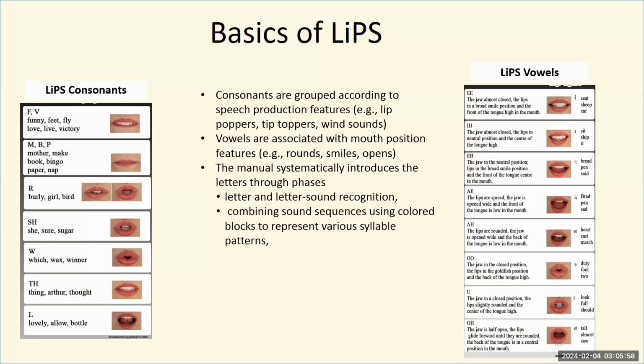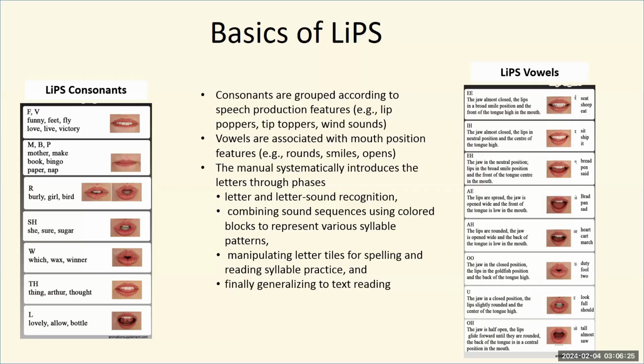So they're not using letters of the alphabet, they're using blocks to represent sound patterns. Then you have manipulating letter tiles for spelling and reading syllable practice. So now we have actual little tiles with letters, alphabetic letters. So you start putting the letters with the sounds. And then finally generalizing the text to real reading.